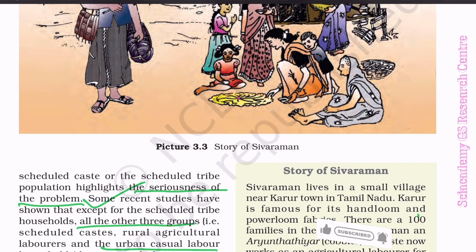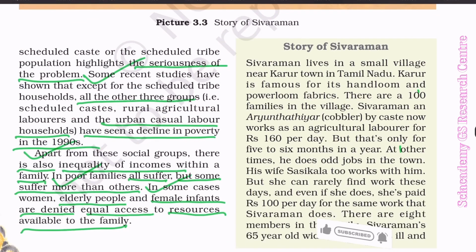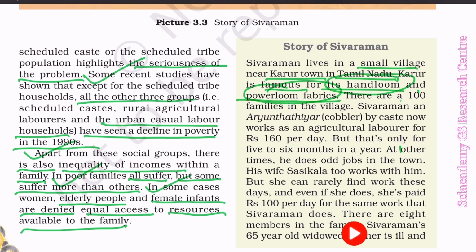Story of Sivaraman. Sivaraman lives in a small village near Karur town in Tamil Nadu. Karur is famous for its handloom and powerloom fabrics. There are 100 families in the village. Sivaraman, an Arunthathiyar, a cobbler by caste, now works as an agricultural laborer for rupees 160 per day.